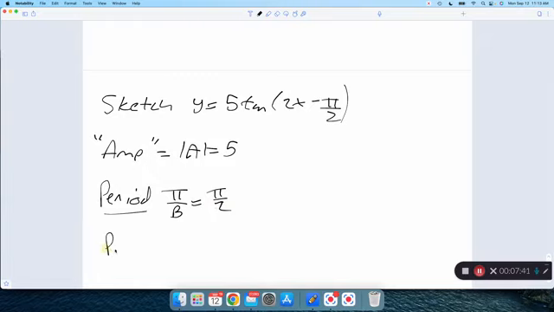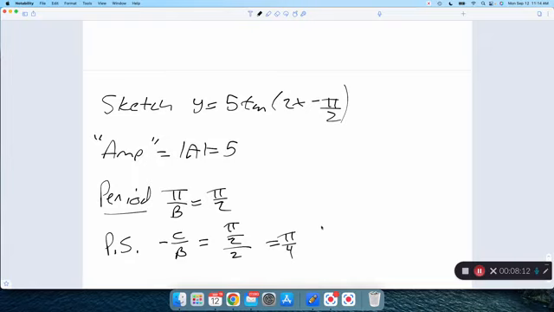My phase shift. Negative c over b, that one doesn't change. It just has a new meaning. Opposite of negative pi over 2 would be positive pi over 2, over 2. That's pi over 4. Now, this is not going to be the start. Remember with sine and cosine, secant and cosecant, phase shift and start are the same thing. That's not true anymore.